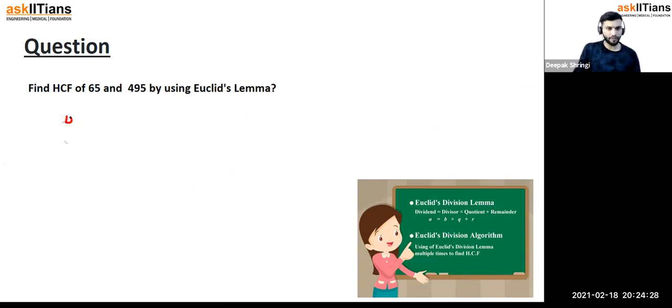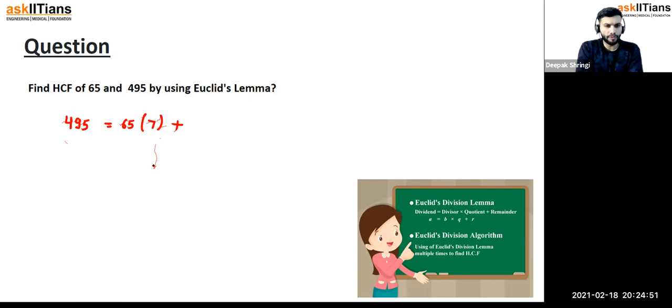The smaller number is 65. You can write 495 equal to 65 times how much? 65 into 8? That would be no, 7, right? Because 65 into 7: 7 fives are 35 and 7 sixes are 42, so it would be 455, right, guys? 455.